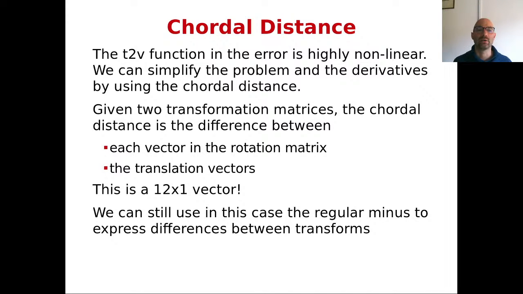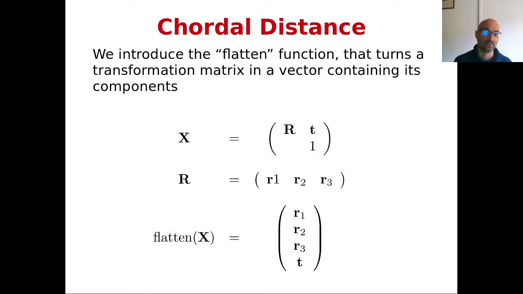It will be calculated just by taking the measurement, which is Z, a 3D transformation matrix, and the prediction, which is another 3D transformation matrix, and we subtract the corresponding 12 components. But it's not a vector, so we will have to make it flat.